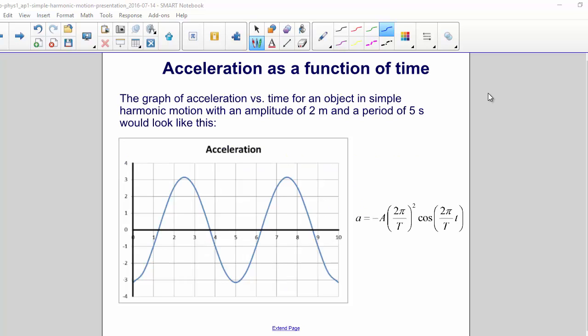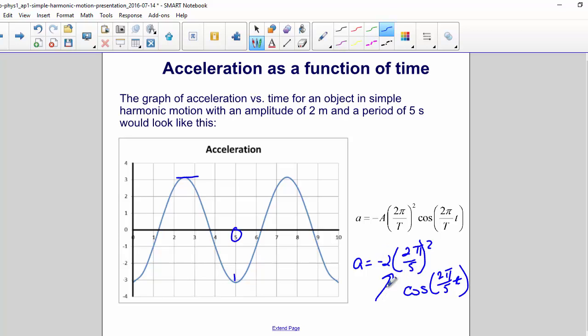The graph of acceleration versus time for an object in simple harmonic motion with an amplitude of 2 meters and a period of 5 seconds would look like this. Again, you can see that the period is still 5 seconds. However, this amplitude represents the maximum acceleration, not the amplitude of the displacement. So we can make this equation a equals negative 2 times 2 pi over 5 squared times cosine of 2 pi over 5 times t.